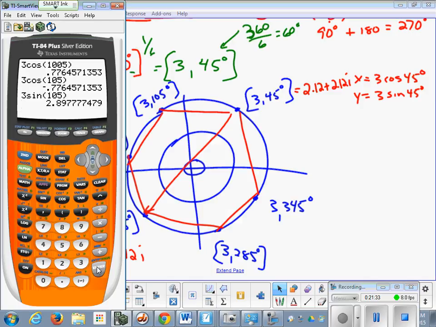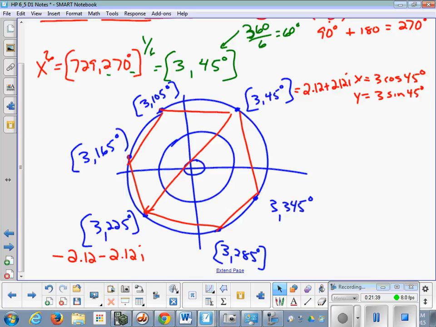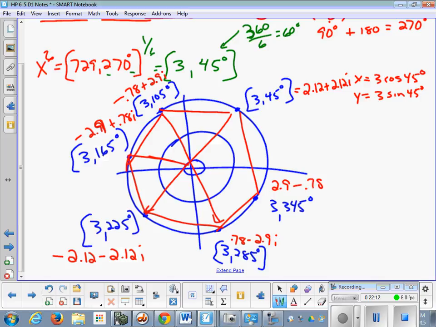So I got negative 0.78, 2.9. Negative 0.78 plus 2.9i. And across from that is going to be 0.78 minus 2.9i. And I think this is 15 degrees from here, 15 degrees from here. Those should flip-flop. This should be negative 2.9 plus 0.78i. And this one should be 2.9 minus 0.78i.